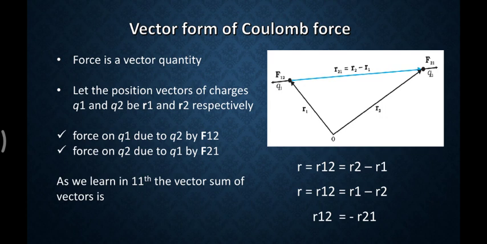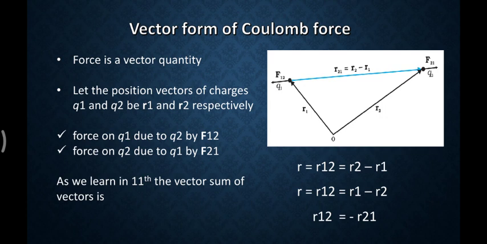As we learned in 11th class, in vector addition with tail-to-head joining, the resultant should be the sum or the subtraction of the vectors. So at the bottom of this diagram, you can see r is the result of r1 and r2, also denoted as r21, which is the subtraction r2 minus r1.